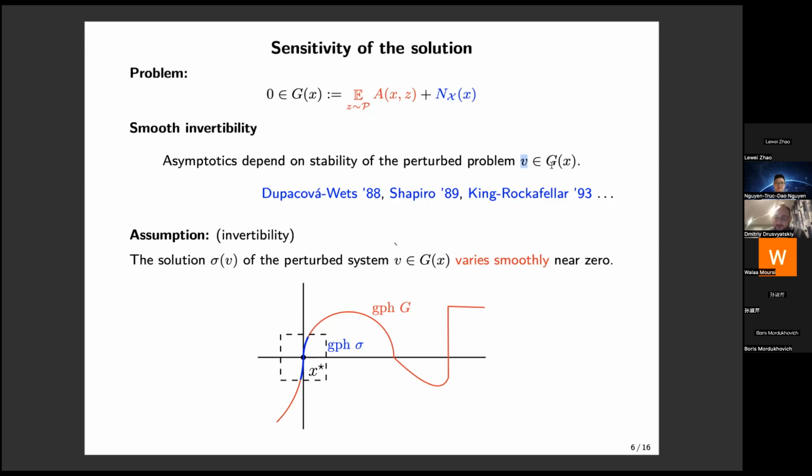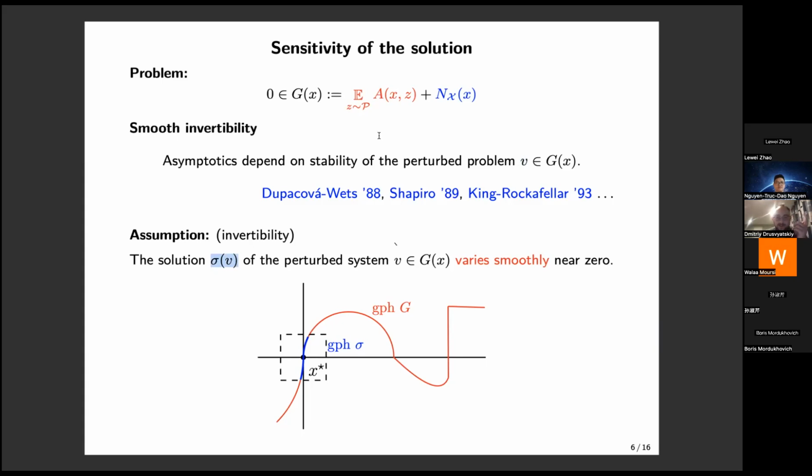So the solution should be unique for small v near x, with solutions near x. That operation that goes from perturbations of the left-hand side to solutions, I'll denote by sigma. So sigma is the localization of the solution map.